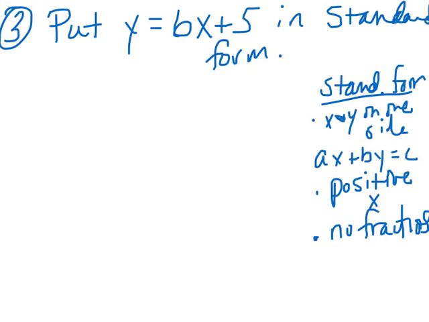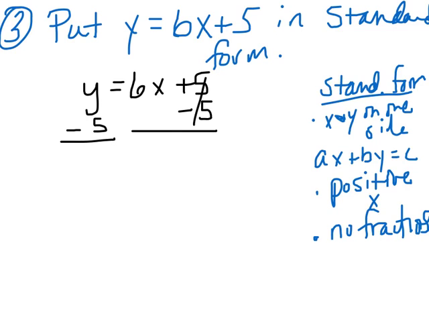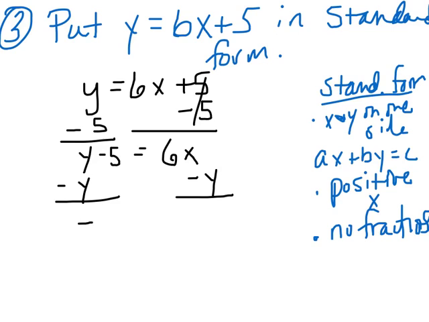So here's one way a lot of people like to do it. They say, okay, I need a positive x, I already have a positive x. Why don't I leave the x there, and move the 5 to the other side. And then, since I need the y with the x, I'll just subtract the y from both sides. That's one way you could do this problem. It's not the only way, though. I'll do it another way in a minute.